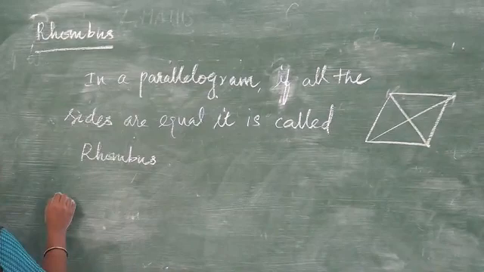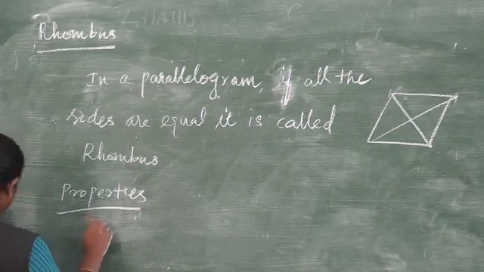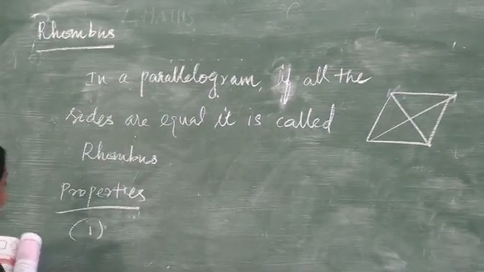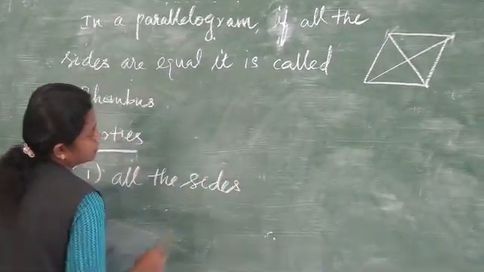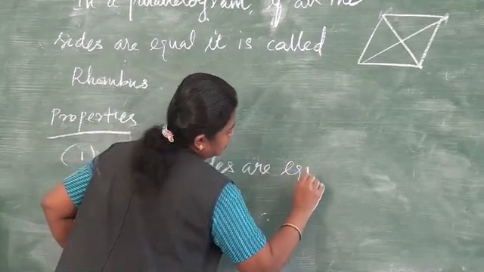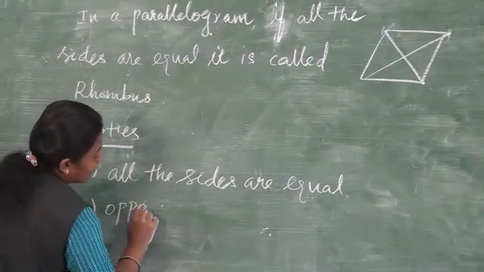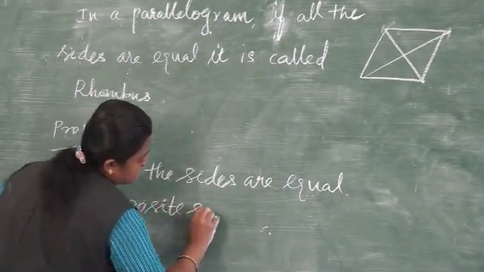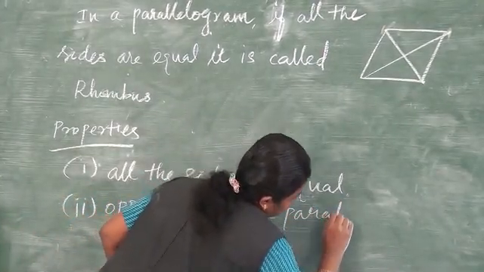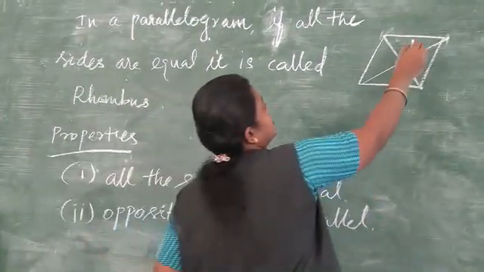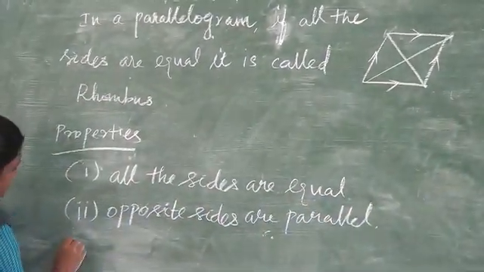Some properties the rhombus holds. First property, all the sides are equal. And the second property, opposite sides are parallel. Opposite sides are parallel and all the sides are equal.